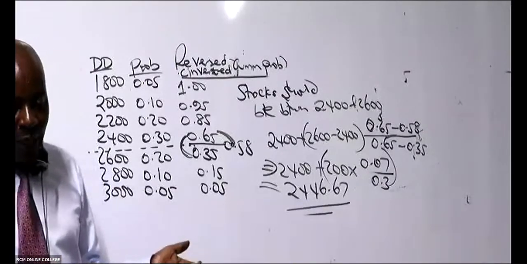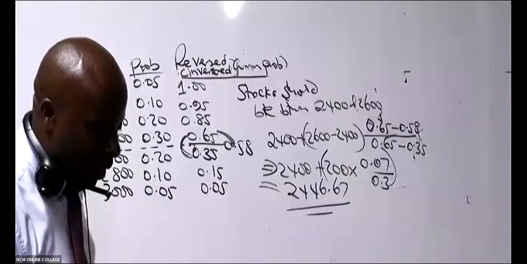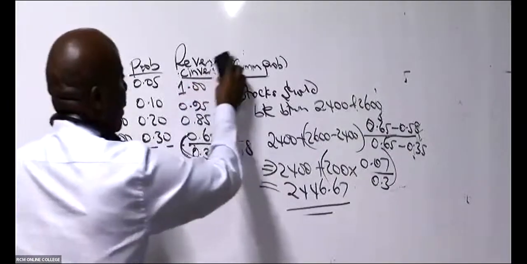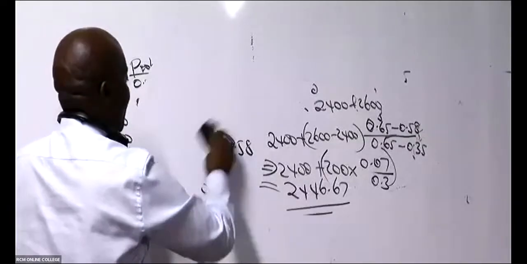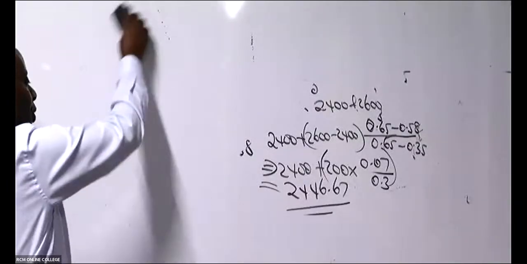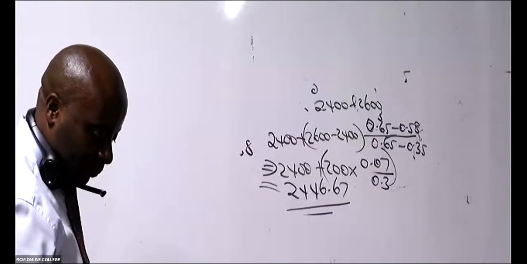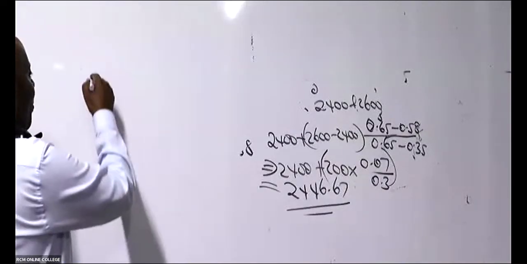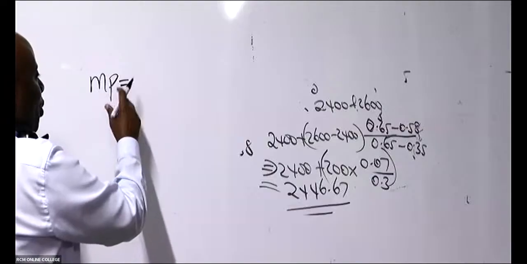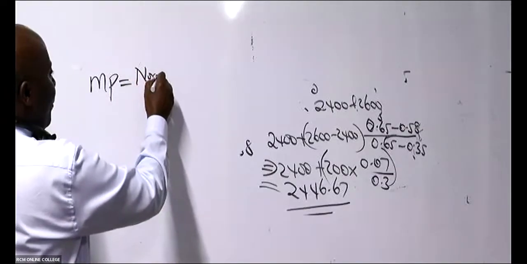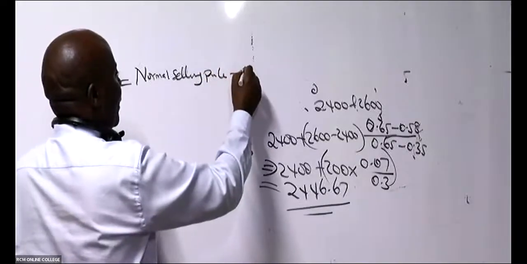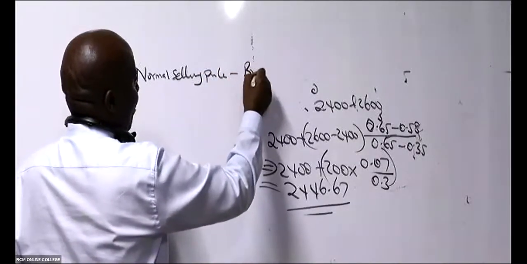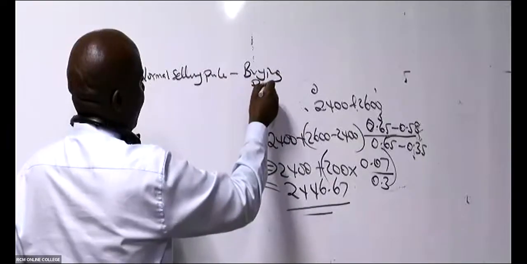There's a ninja up there who asked how we got to 35. If you allow me, I'll show how we got this marginal loss and the marginal profit. So marginal profit is normal selling price minus our buying price, which never changes.